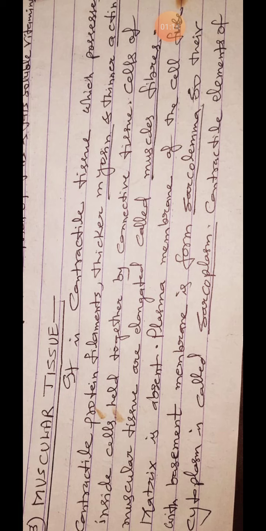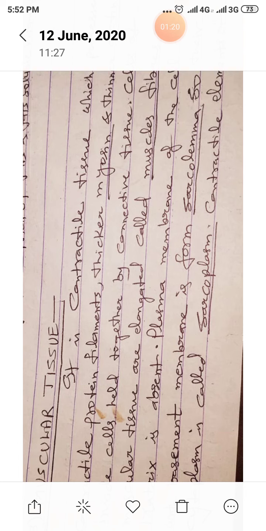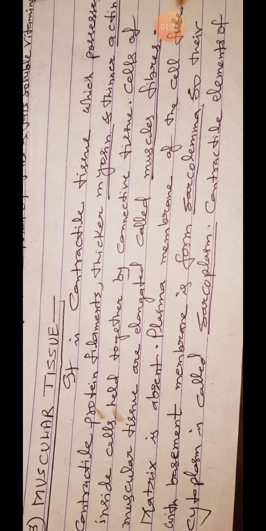Both proteins sometimes arrange in parallel. When they arrange parallelly, myosin, then actin, then myosin, some area overlaps and has both myosin and actin at the joint.